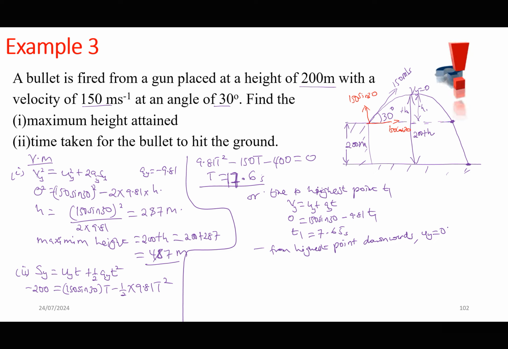So from the highest point, initial velocity is going to be 0. So if it is going to be 0, then I'm going to use S equals UT plus a half AT squared.